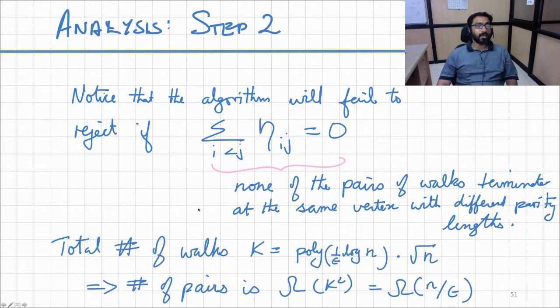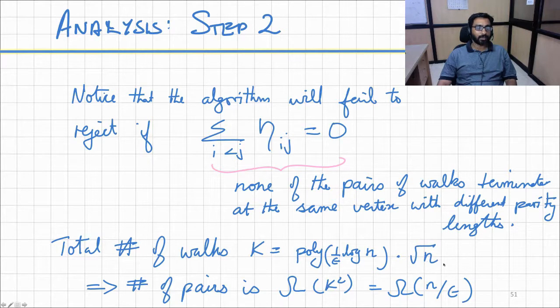Let's consider the probability of the complementary event. The total number of walks, remember, is some polynomial in 1 over epsilon times log n, the whole times square root of n. The most important term to keep in mind is this square root of n.